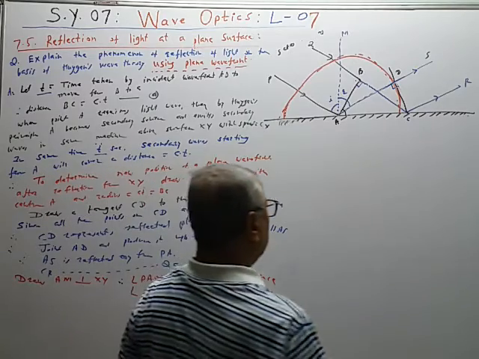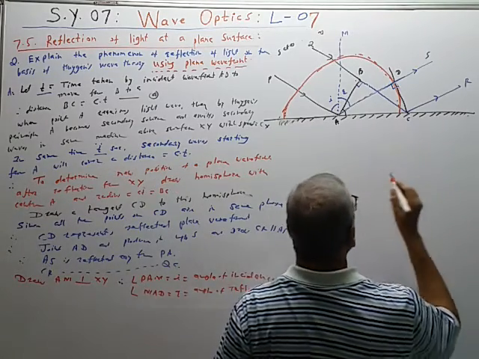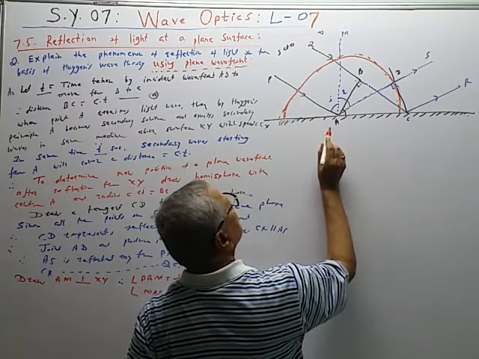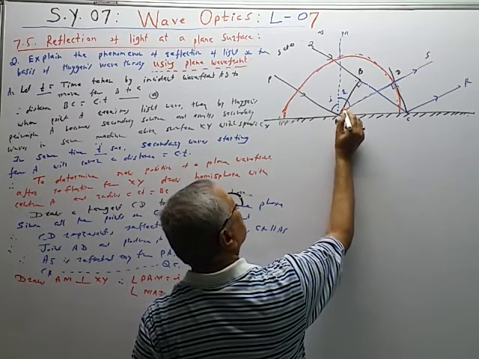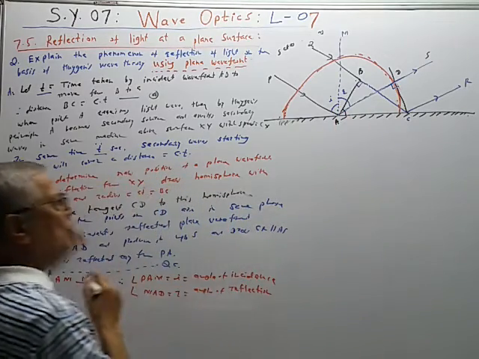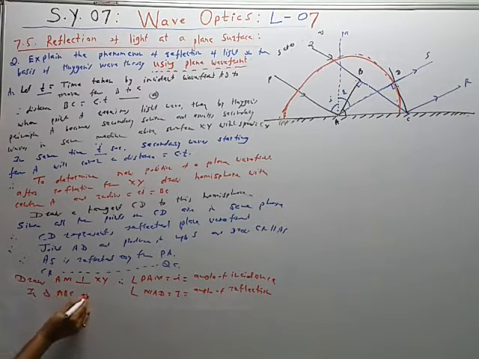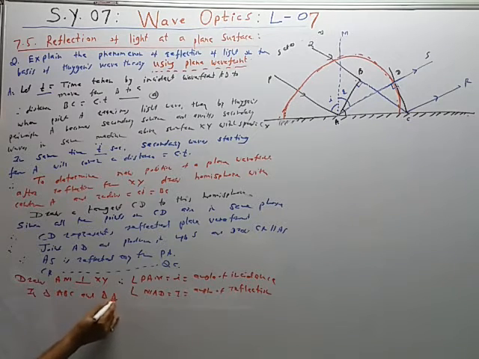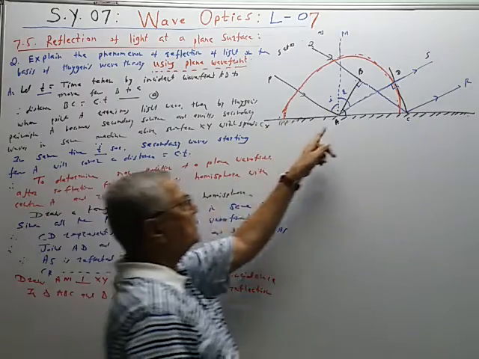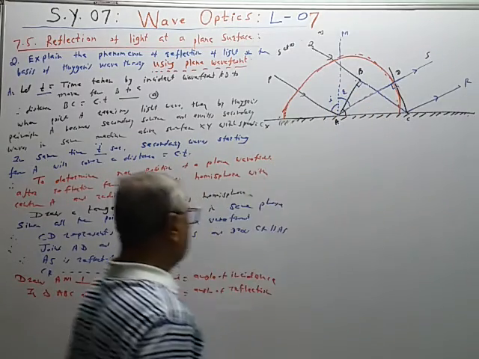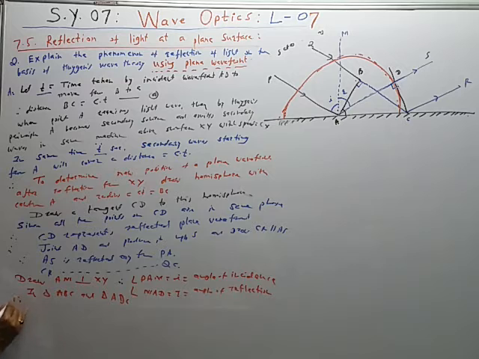Now I will use the symbol for proof. Now if this is I, then this BAC is also I. How? We will prove it separately. In triangle ABC and triangle ADC, see the figure. ABC is one right angle triangle, ADC is another right angle triangle. In these two triangles, first, angle B is equal to angle D is equal to 90 degrees. Second, AC is common.